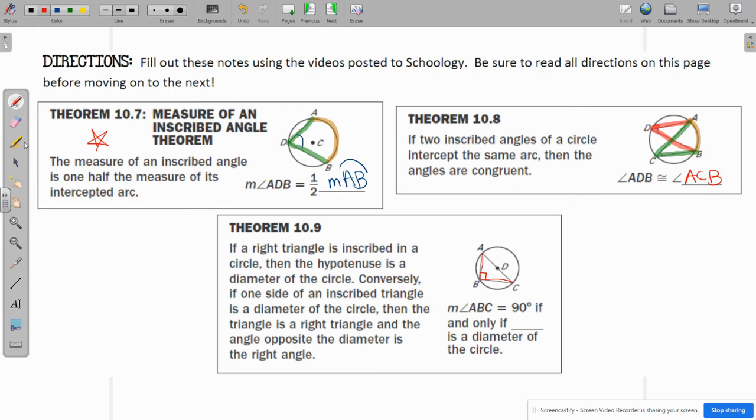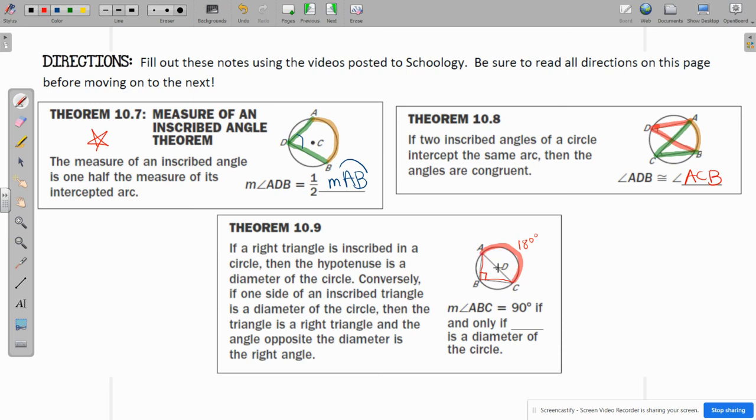It would intercept this arc here, which means the measure of this arc should be double the measure of the angle, so it would be 180 degrees, which means that it makes AC a diameter of the circle. So the hypotenuse of that right triangle is the diameter of the circle.